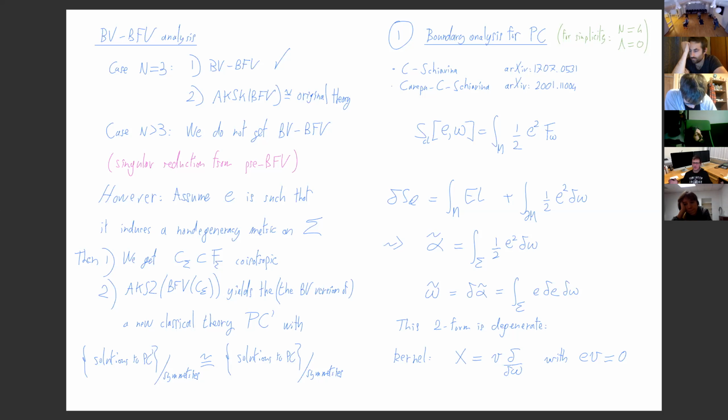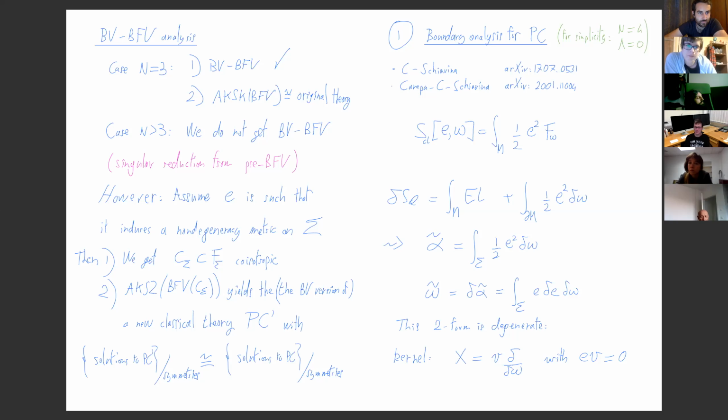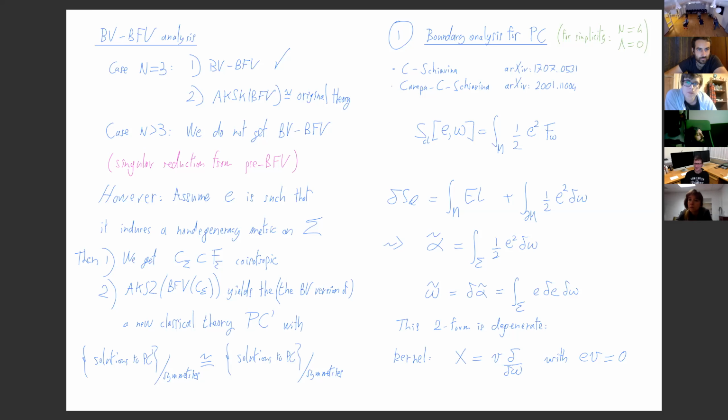But in principle, you might choose a different regularization, and of course, I don't know what you get. But this is a problem in every such approach to perturbative quantum field theory. Everybody expects that different regularizations should give the same result, but this is not a theorem.